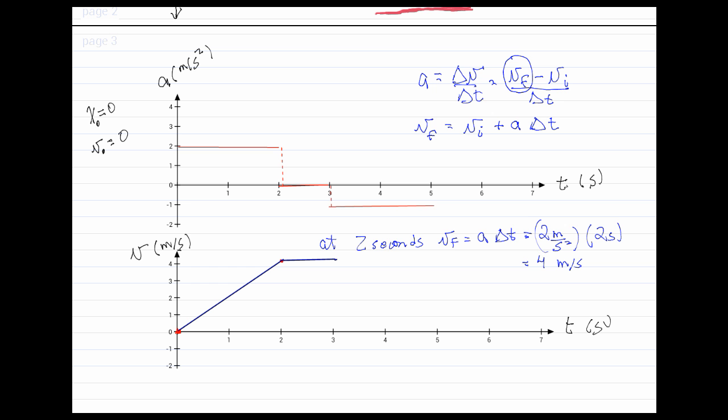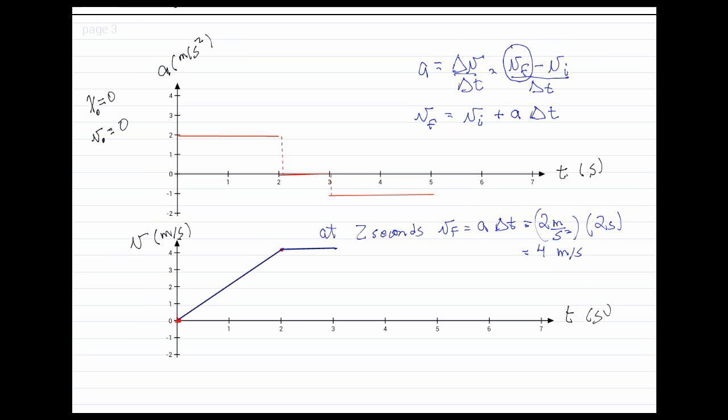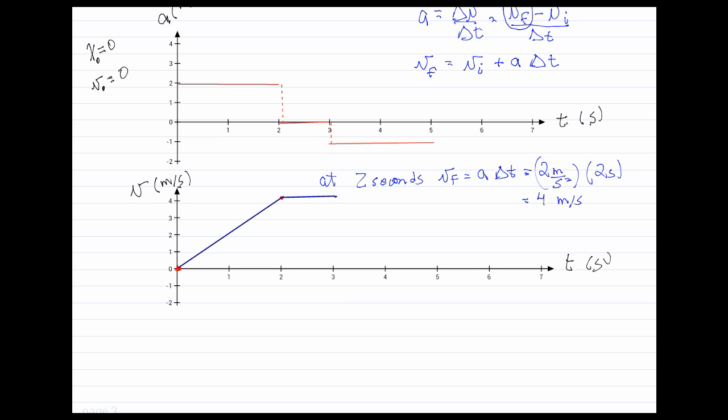And finally, from 3 to 5, we have negative acceleration. So how can we get the change in velocity? Well, we use the same equation we had up here. Remember, our final velocity is equal to our initial velocity plus the acceleration times delta t.